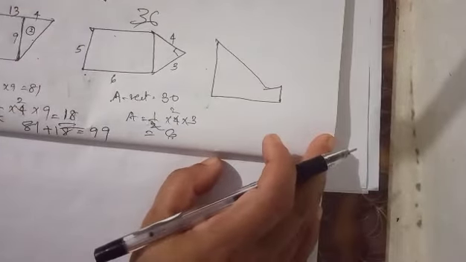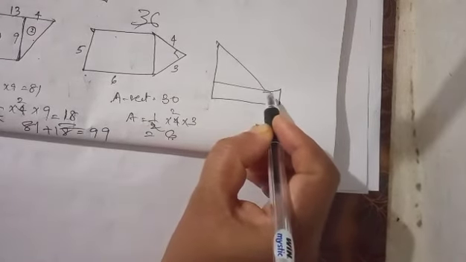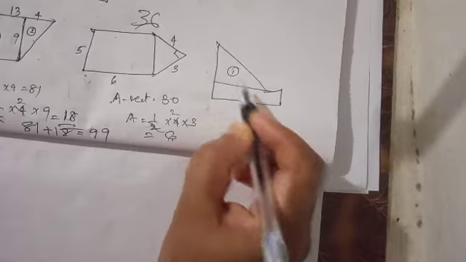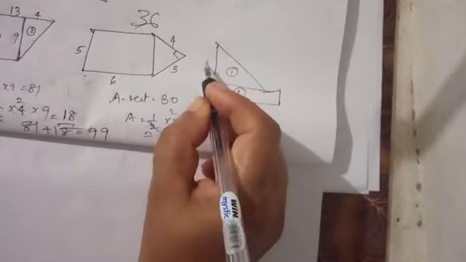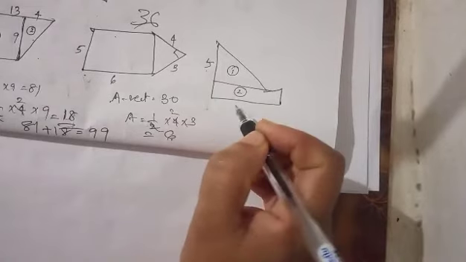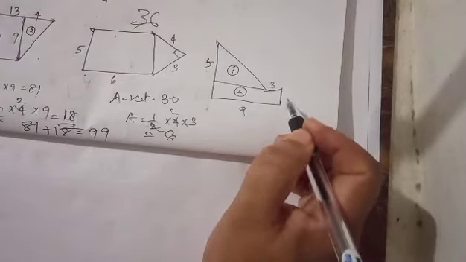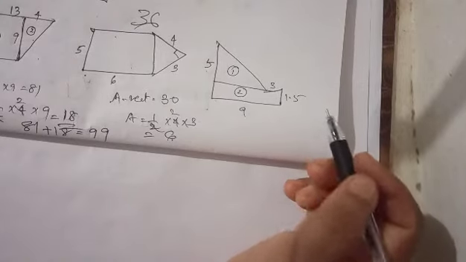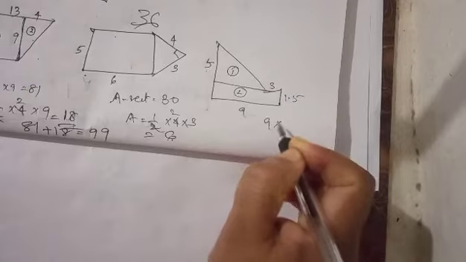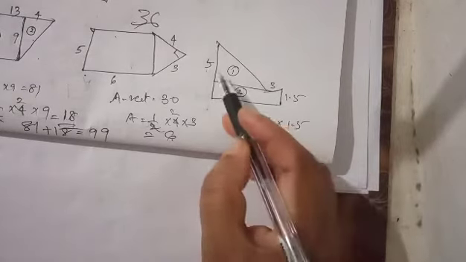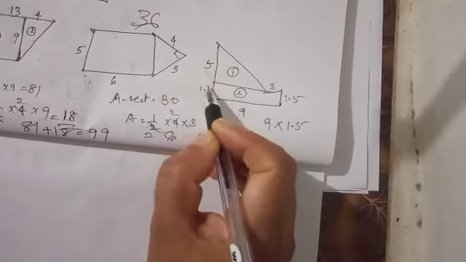Okay. Then here we can consider this as one triangle and here one rectangle. This is 5 and this is 9 and this side is 3 and this side is 1.5. So the rectangle's area is 9 into 1.5. The triangle's area: this is 1.5, here also 1.5.